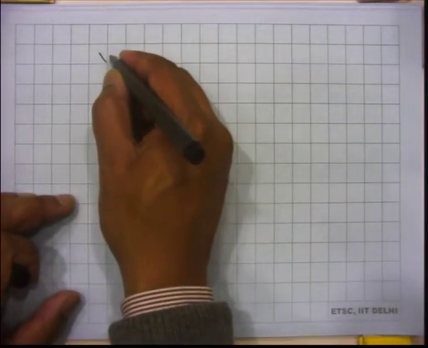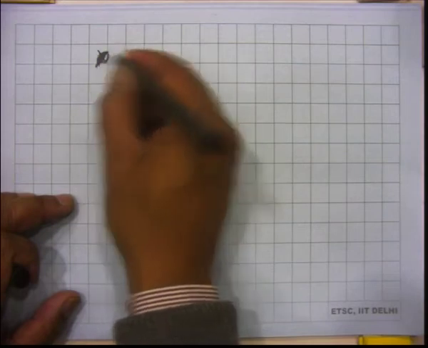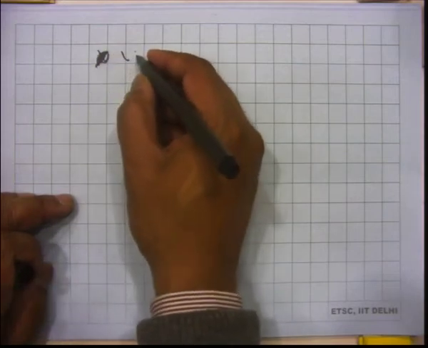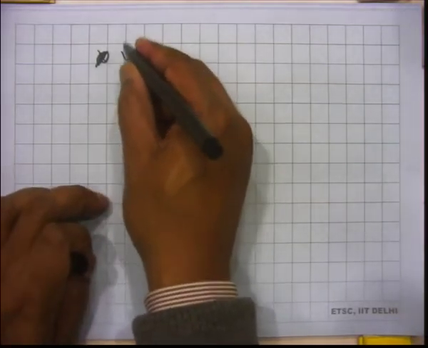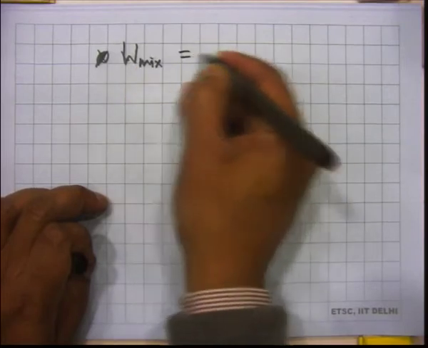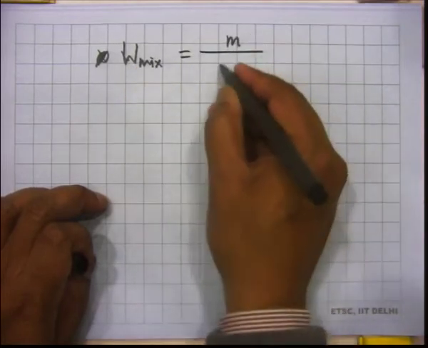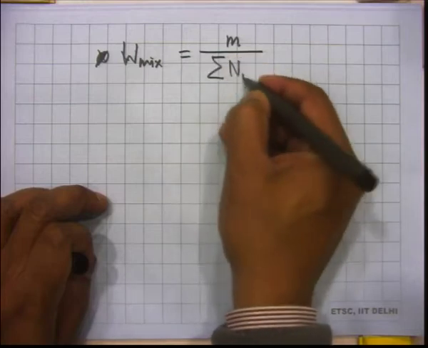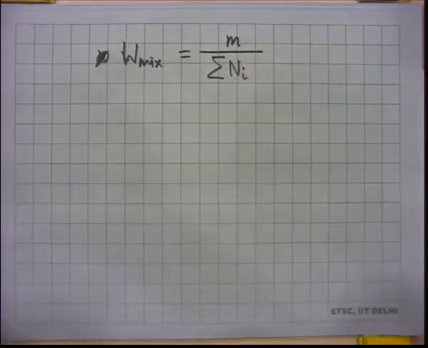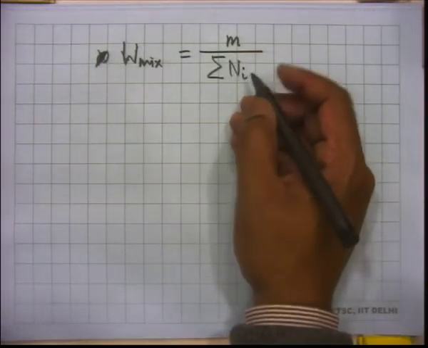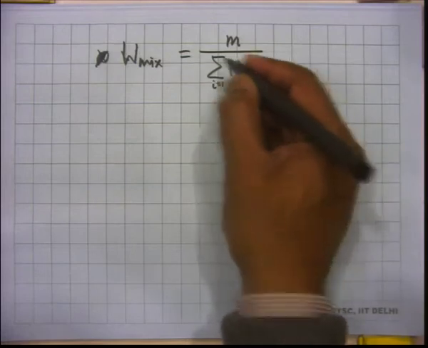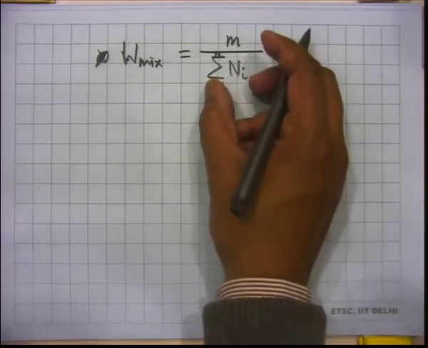If we want to say mixture molecular weight, then that is m divided by summation n I. Okay. What is n I? Number of moles of the ith species. So, if you sum them up, you get the total number of moles in the mixture.